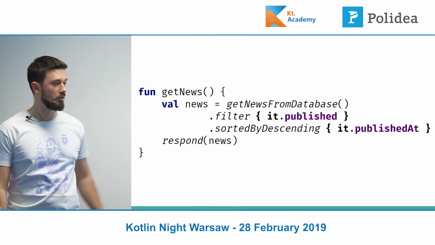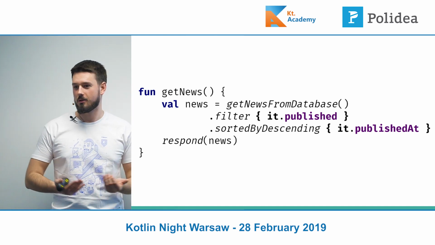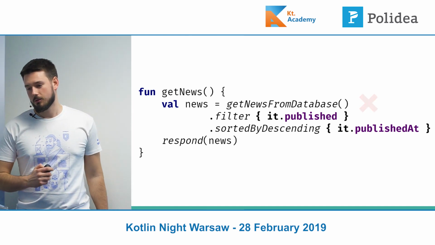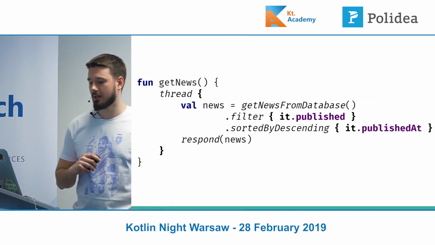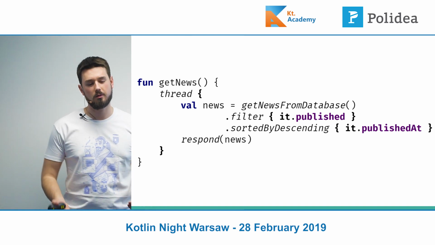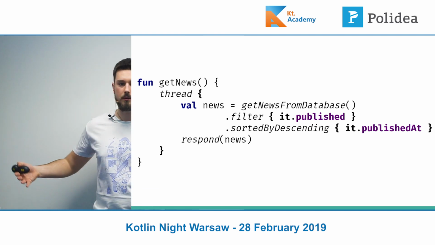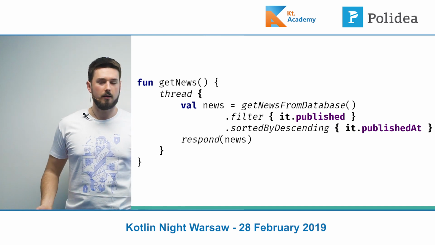All our requests cannot run in the same thread, because soon we will waste our thread. It will be blocked. So what can be done is that we can wrap it and start everything either on a new thread or maybe on some pool of threads, which is done by default by most frameworks.